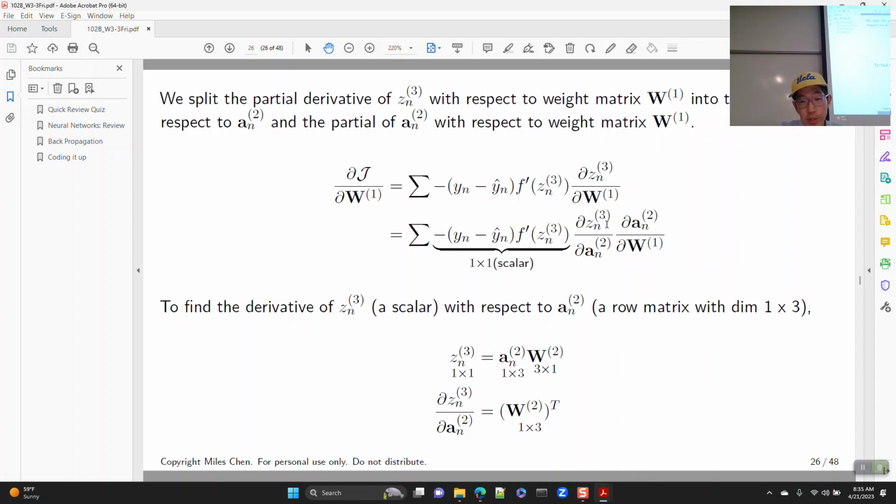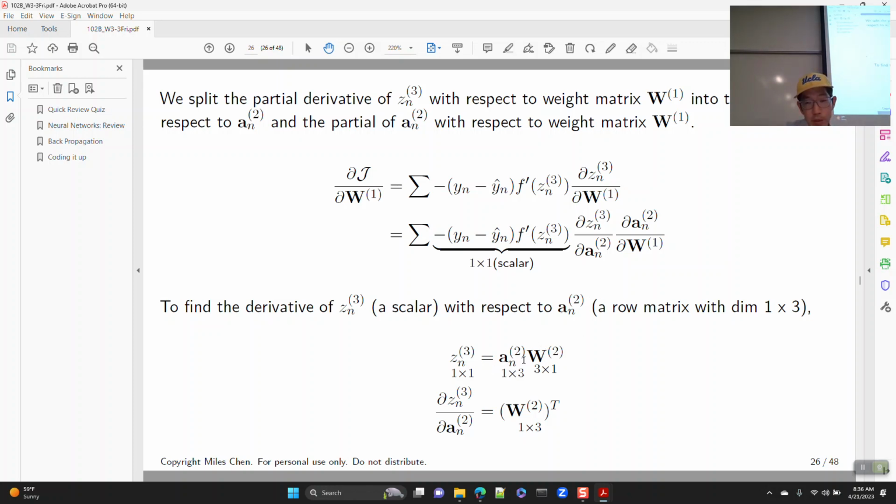So we ask how it changes with respect to the activated values, and then how the activated values change with respect to W1, right? So we split this into this, okay, and then Z3 sub n is this product. How do we get Z3 sub n? We took our activated values.